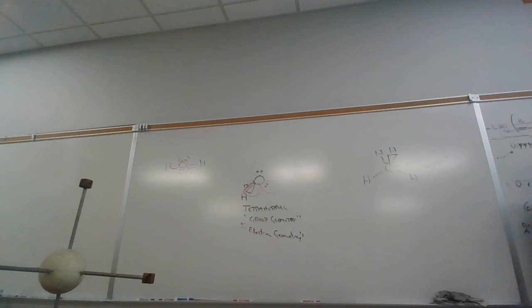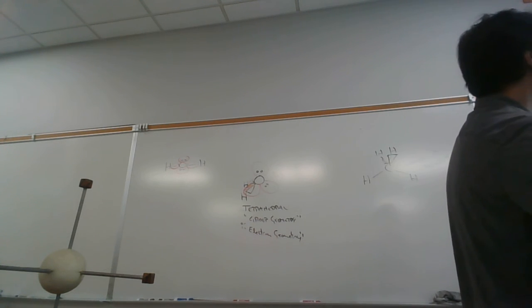The one that's wedged out is always on the left here, the one that's dashed is on the right. It doesn't matter. You can draw on the left or right, but always be consistent. So if you're drawing the wedge on the left, always draw on the left and the dash on the right. Here, two in the plane, one wedged out, one dashed in. So this person is very consistent. They're drawing the wedge on the left, the dash on the right.